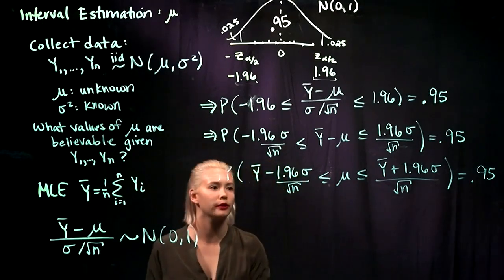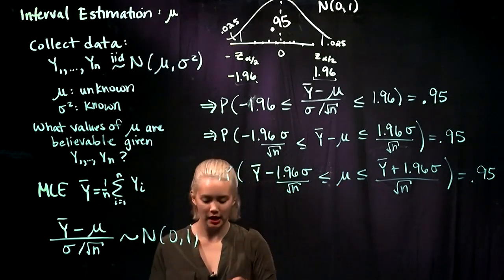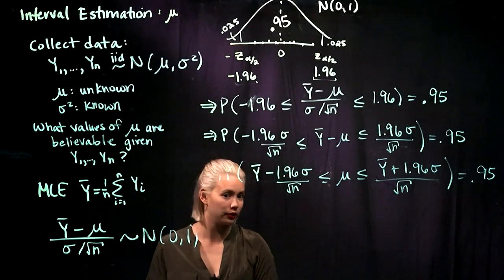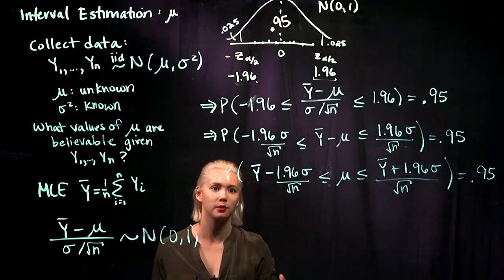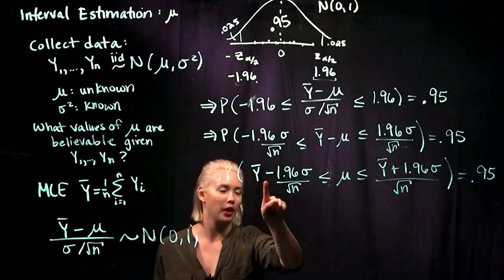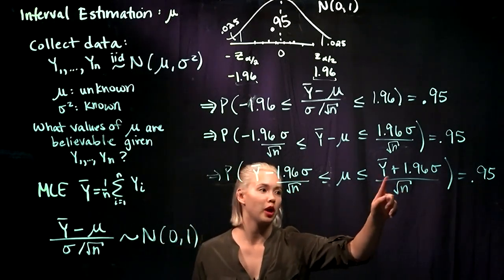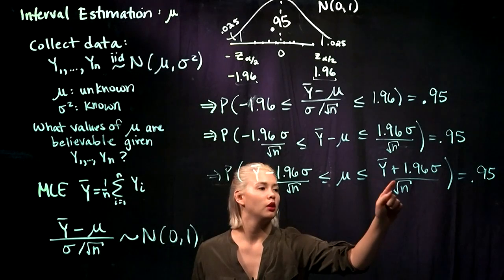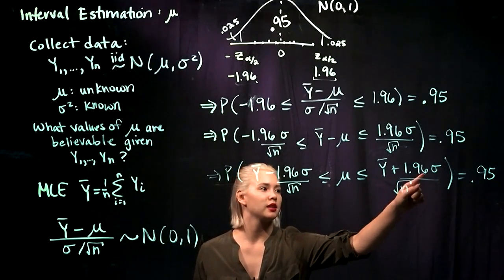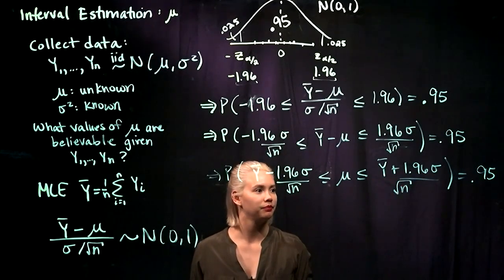All right, so we've rewritten this so that we have mu in the middle, and we've created a random interval around mu. Our random interval goes from y bar minus 1.96 sigma over root n up to y bar plus 1.96 sigma over root n.